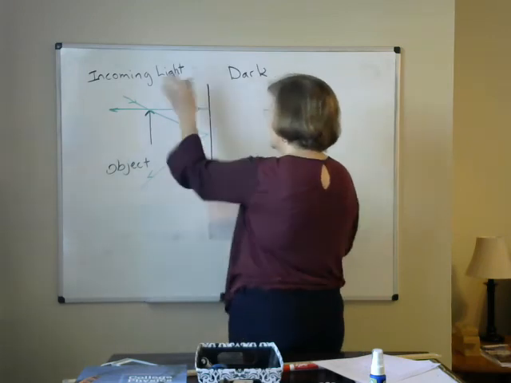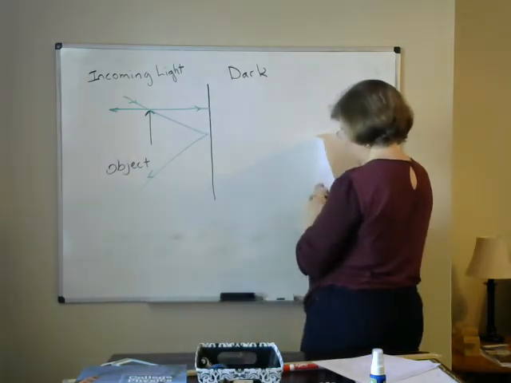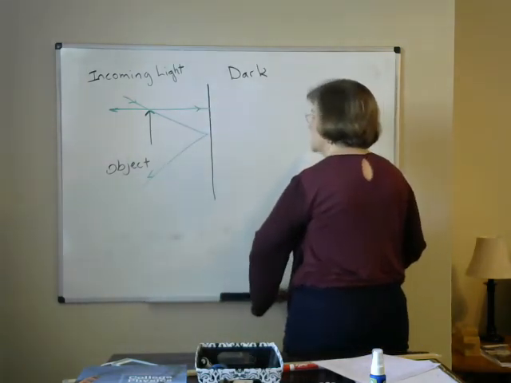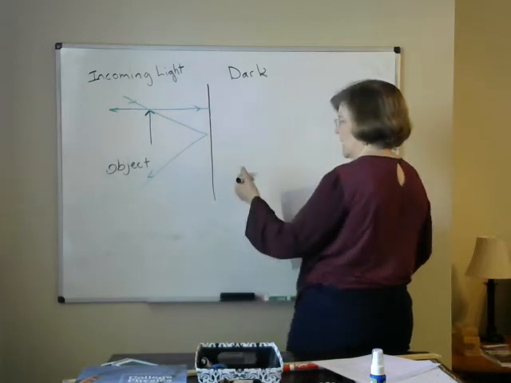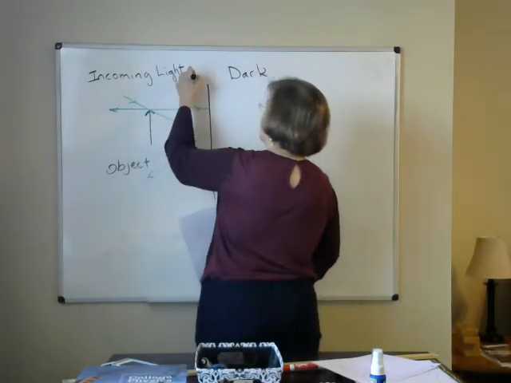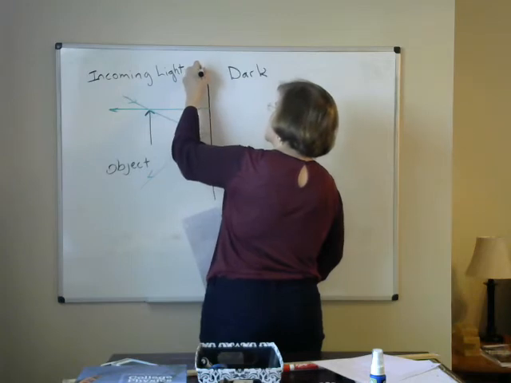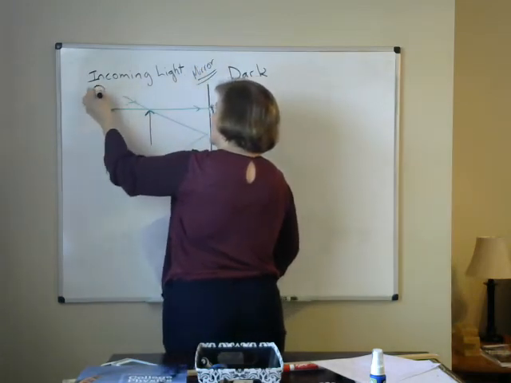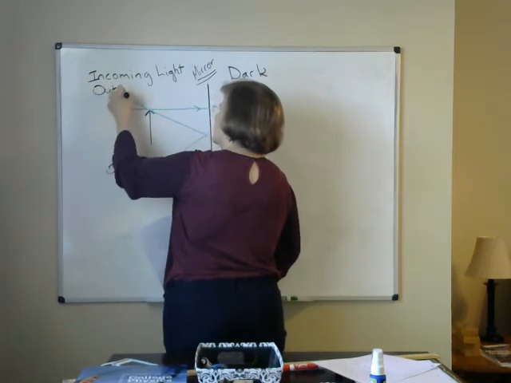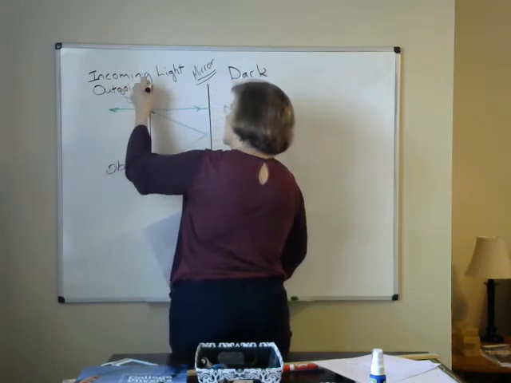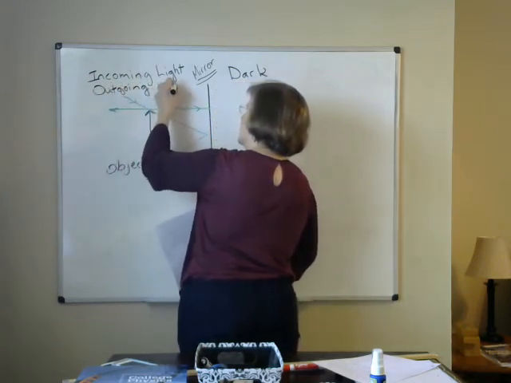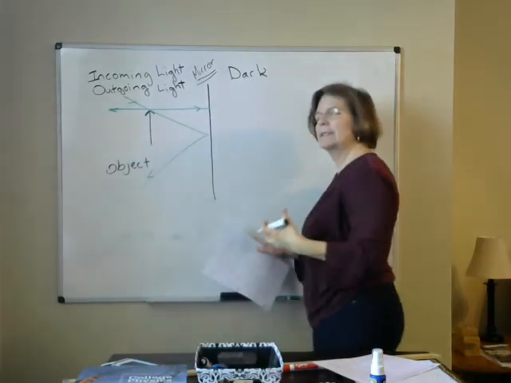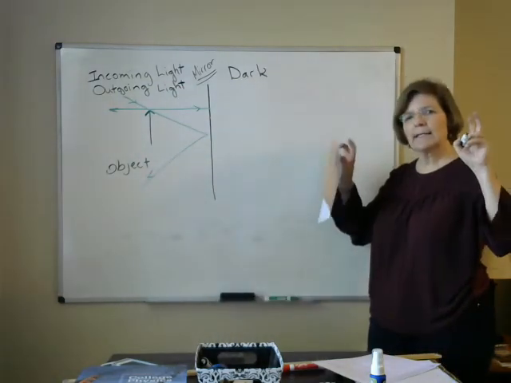Notice the incoming light is over here, but so is the outgoing light. If we're talking about a mirror, this is a mirror right here. The incoming and the outgoing light are both on the same side. They're on the light side.